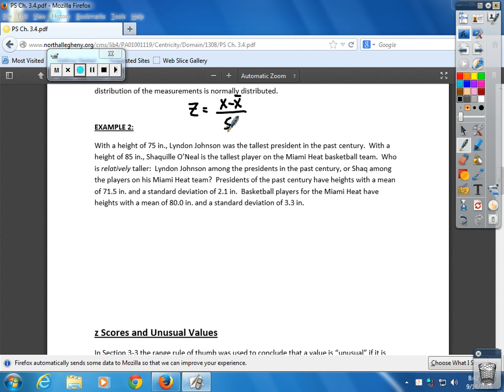Now, my question is this. If LBJ was the tallest in the century when this question was made, about 4 years ago, I always use this question. Is he the big fish in a little pond or little fish in a big pond? He's the big fish in the little pond.